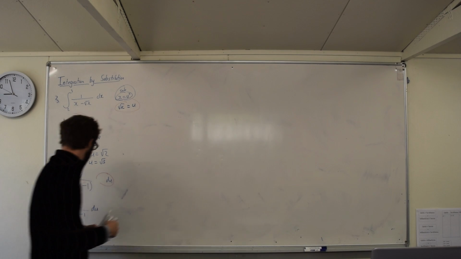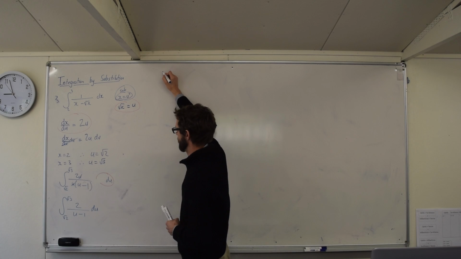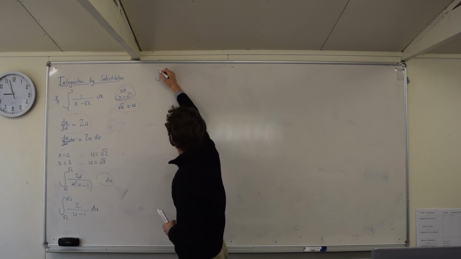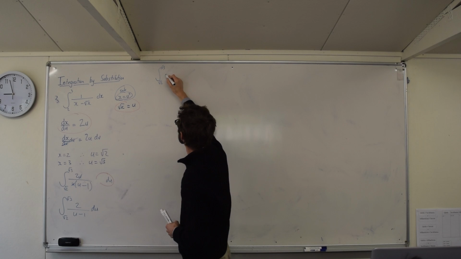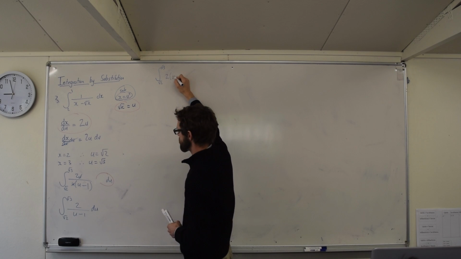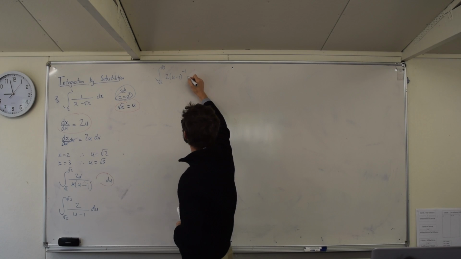Now we're ready? Or maybe we could do one more thing. Another way of writing this is two into u minus 1 to the power of minus 1 du.